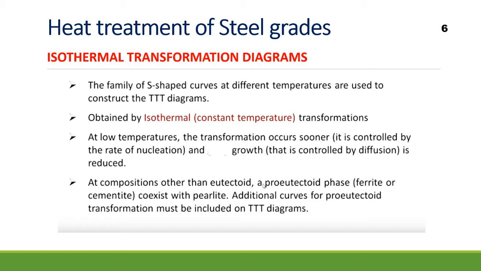When I say this, I mean that if there is any other byproduct like cementite, alpha ferrite or pearlite, or any other, maybe martensite or bainite, we are supposed to plot it on the TTT diagram.